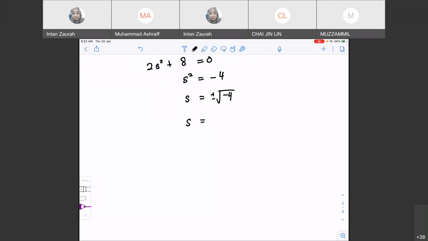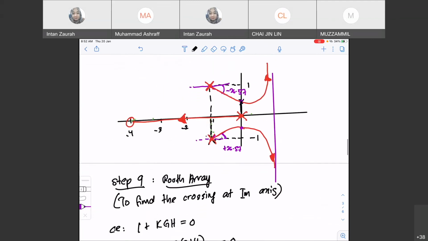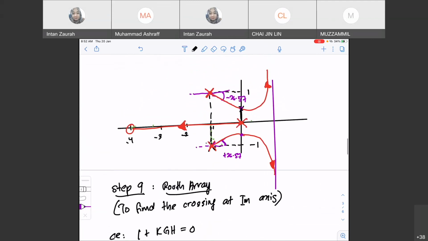So s is going to be plus minus 2j. Okay, so the coordinate here is actually 2j and minus 2j.